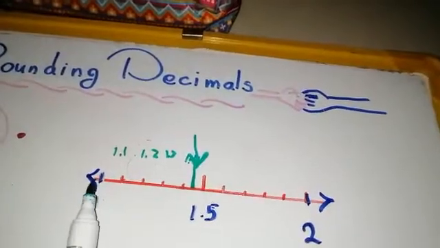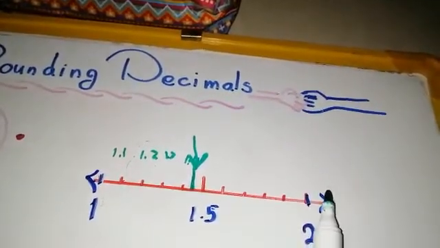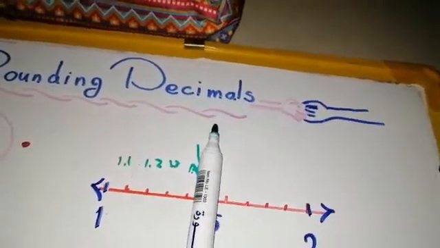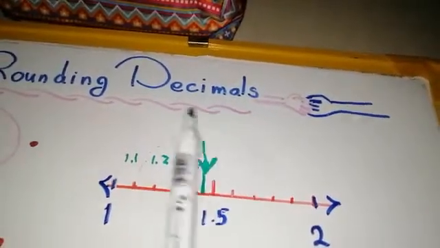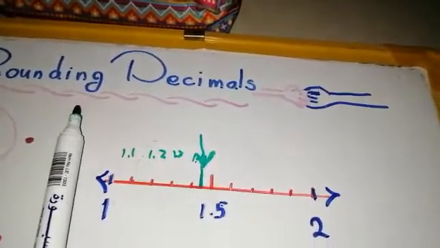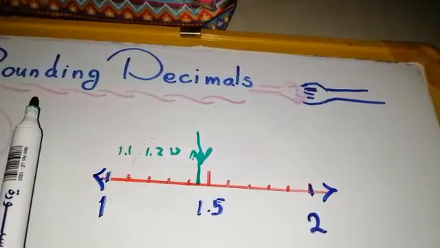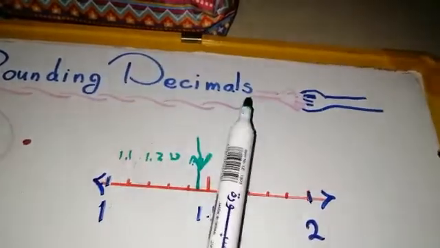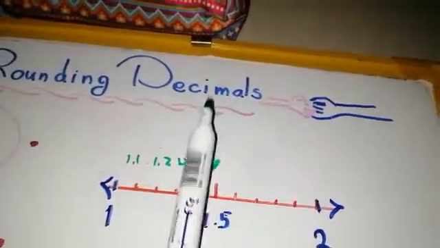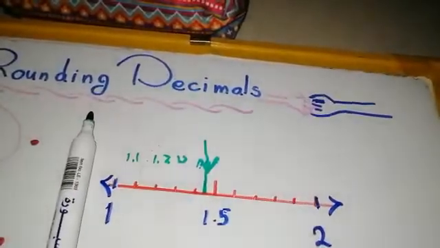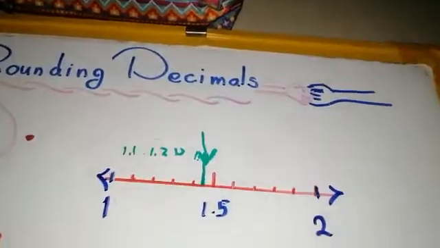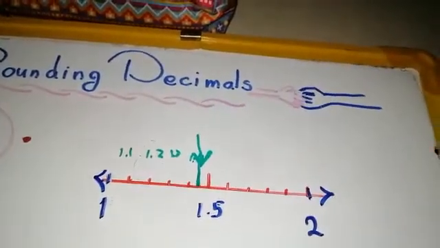Is it nearest to the 1 or it's nearest to the 2? As you can see, 1.5 is in the middle. So here, it's nearest to what? It's nearest to the 1, which is on the left side, okay? So this is rounding here. If I round this, it will go to the 1, okay? I hope you understand now what is rounding, okay?